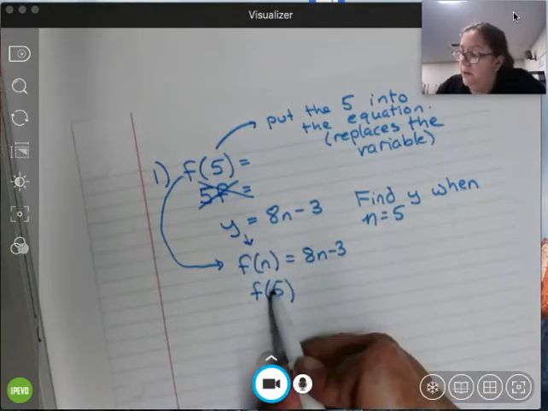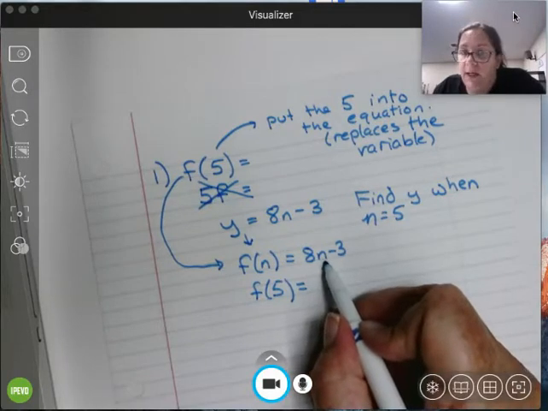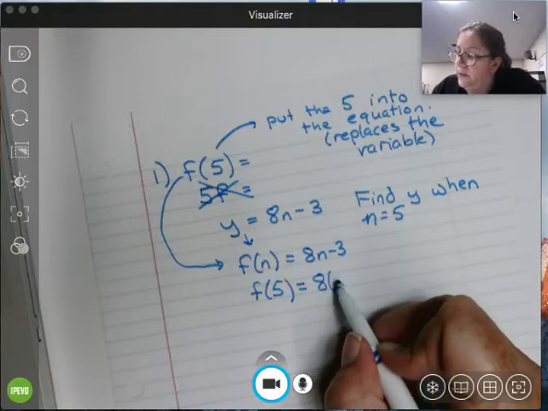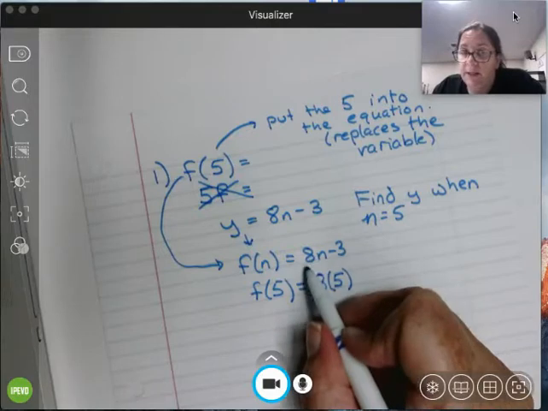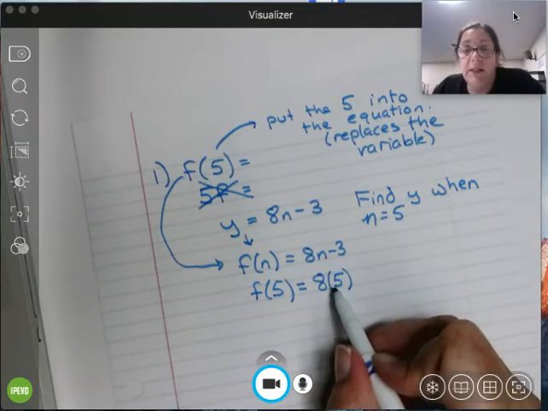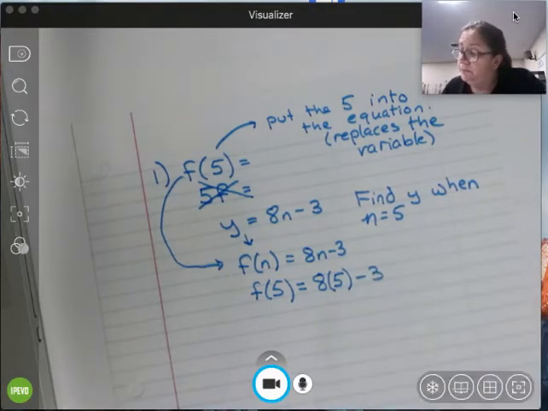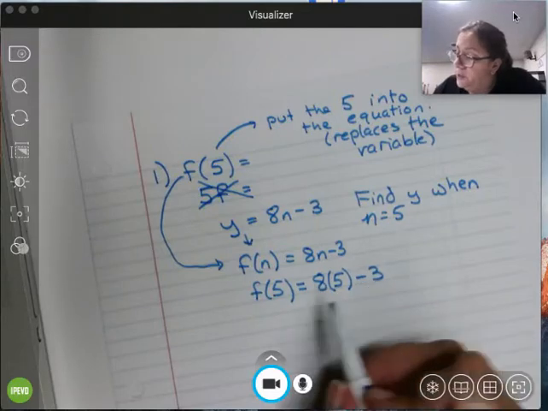So if they want f of 5, they want you to replace the n with a 5. So that's 8, and then instead of an n, we're going to do a 5. 8n means 8 times n, so we write 8 parentheses 5, because that means 8 times 5, and that's how most people write it. And then we'll do minus 3. You have to do multiplication before you do subtraction.